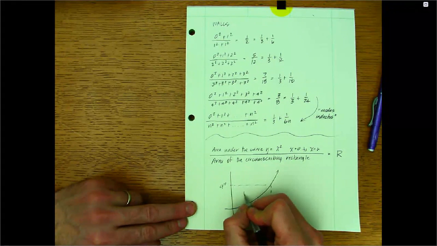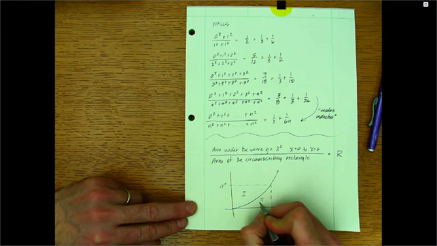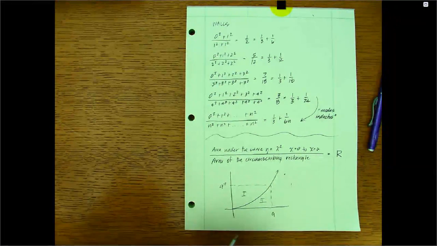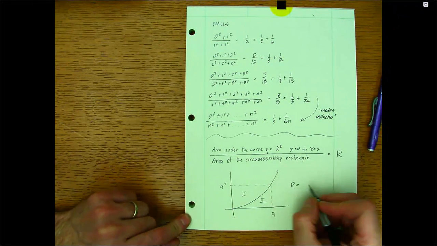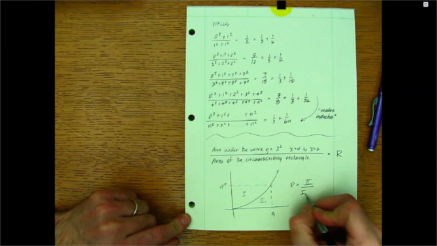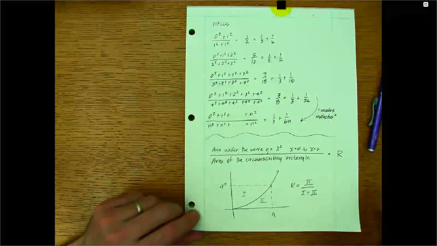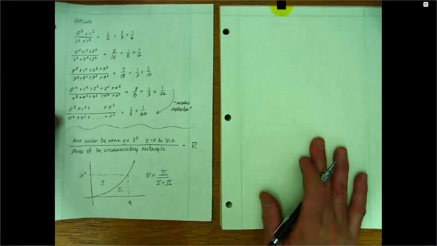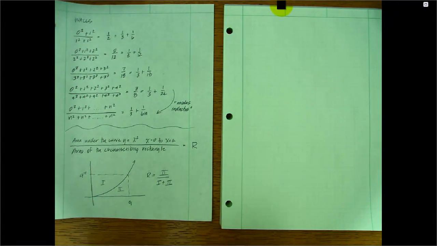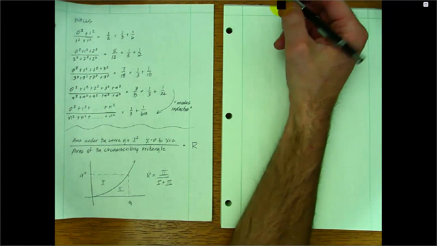If this would be region 1 and region 2, then the R that we're talking about is 2 over 1 plus 2. So that's the sort of thing we're looking for in Wallis, and that Wallis is looking for. And this is, of course, before the discovery of calculus.